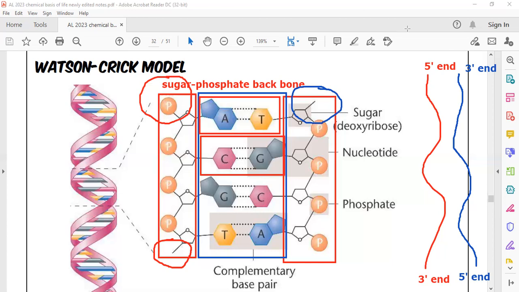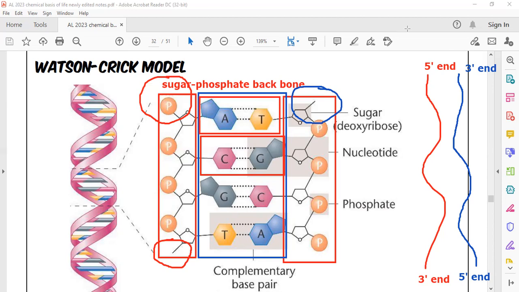Okay. Look at the diagram. Between adenine and thymine, dotted lines are marked to represent hydrogen bonds. The dotted lines are indicating whom? Hydrogen bonds.